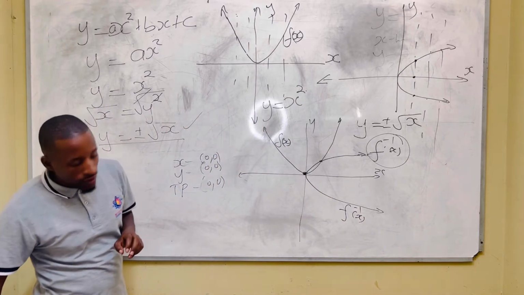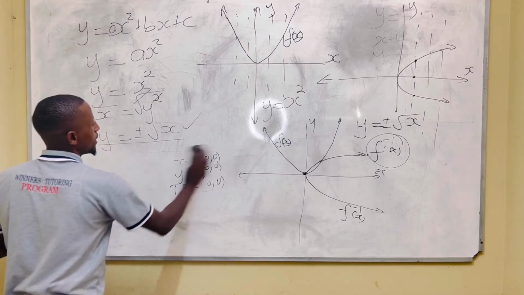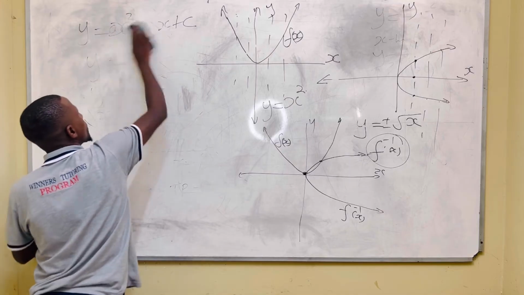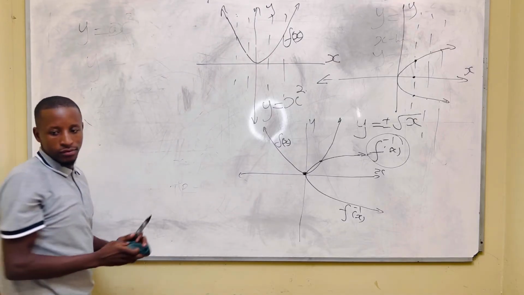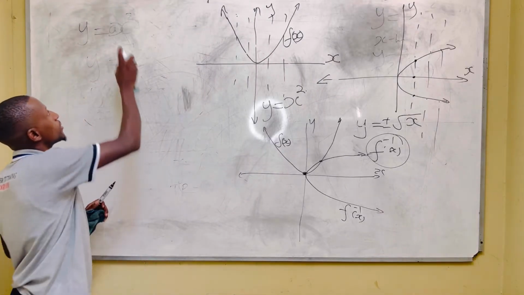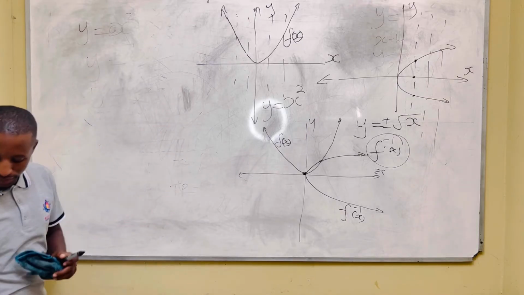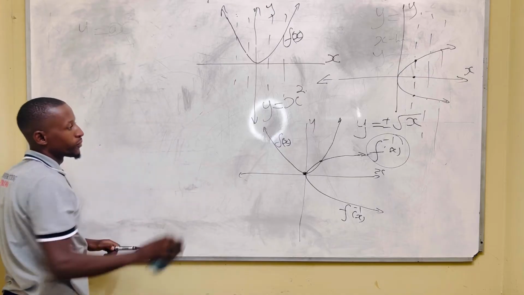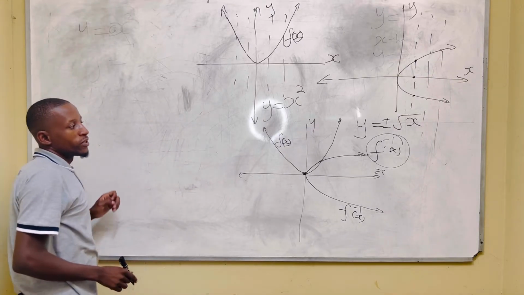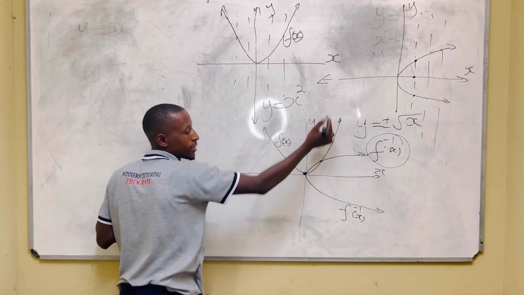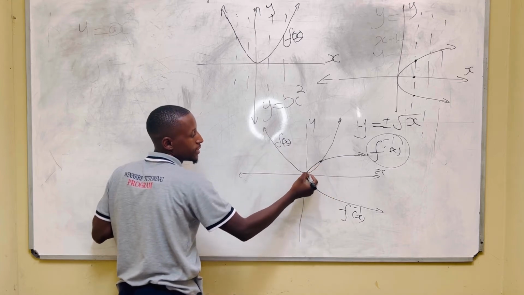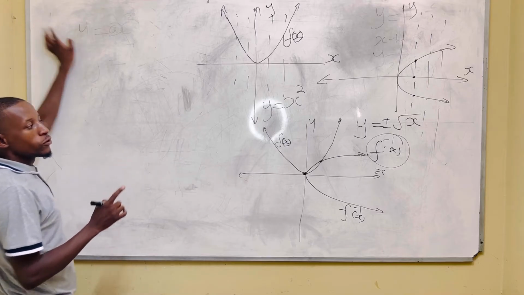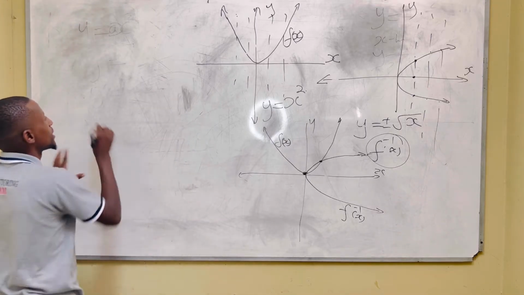Another thing that you need to master or know is that the original graph and its inverse are intersecting here. Another thing you need to know is that in order for you to get the inverse, you must have reflected.